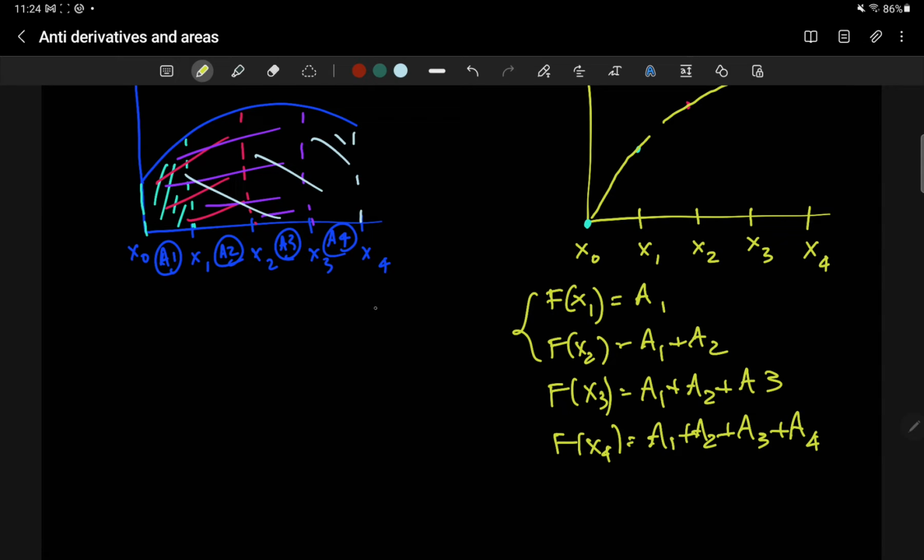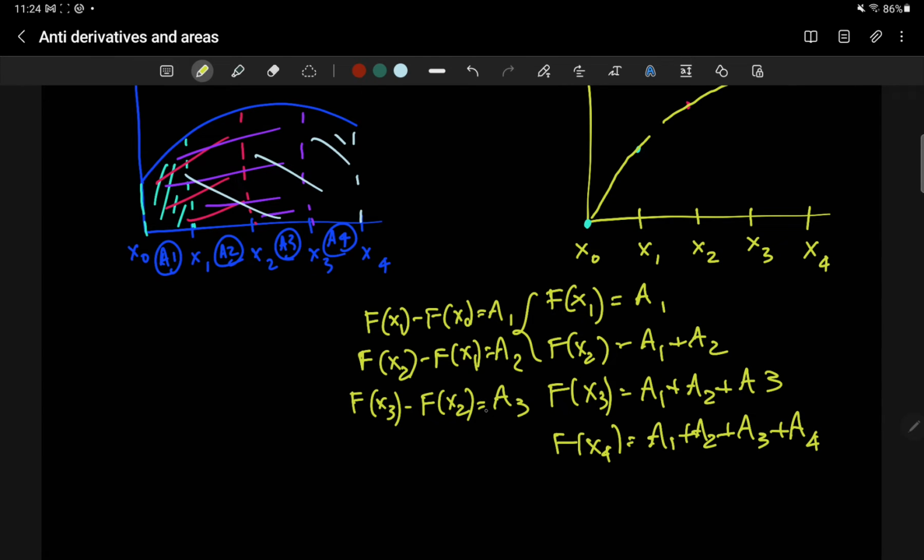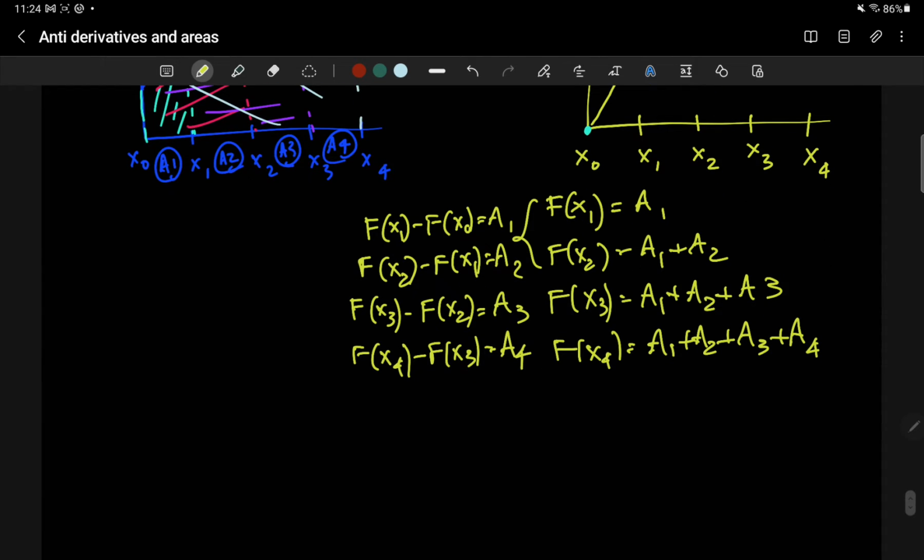So from here, I get this relation that F of x1 minus F of x0 is A1, which is just the first strip. F of x2 minus F of x1 is A2, just the second individual strip. Capital F of x3 minus F of x2 is the third individual strip, and capital F of x4 minus F of x3 is the fourth individual strip.